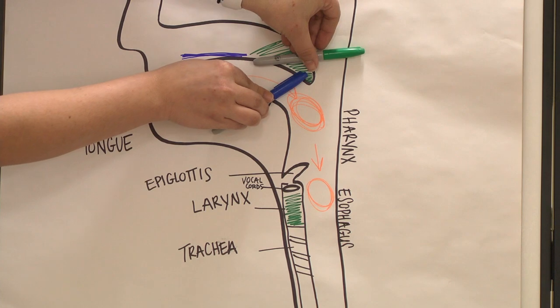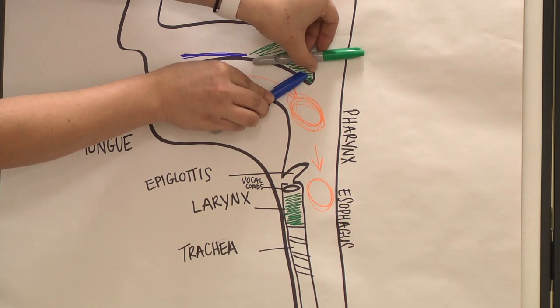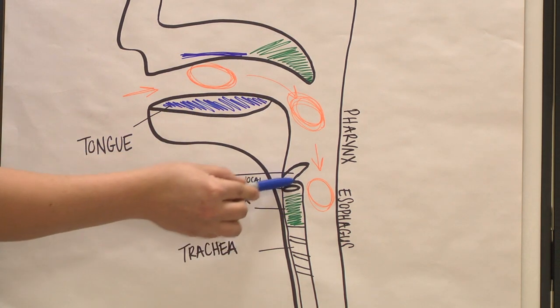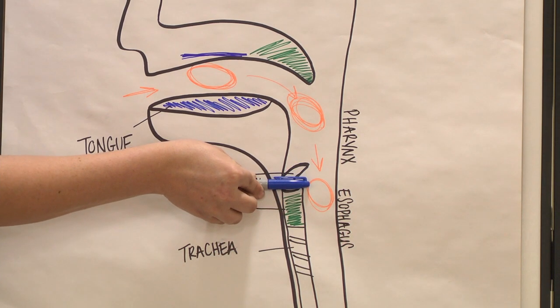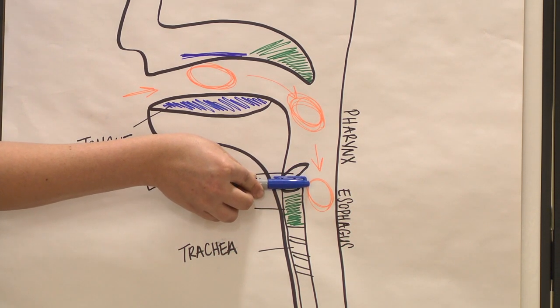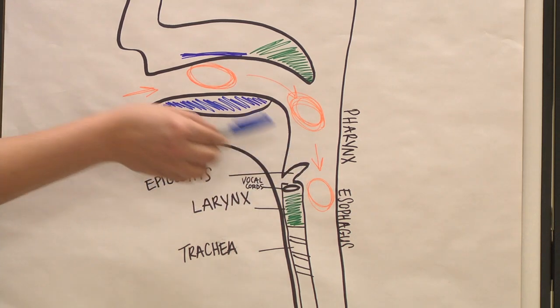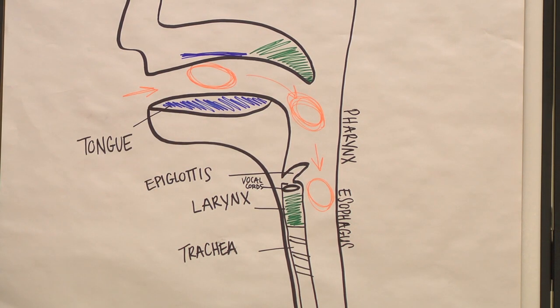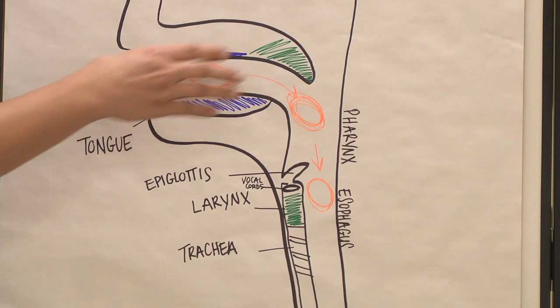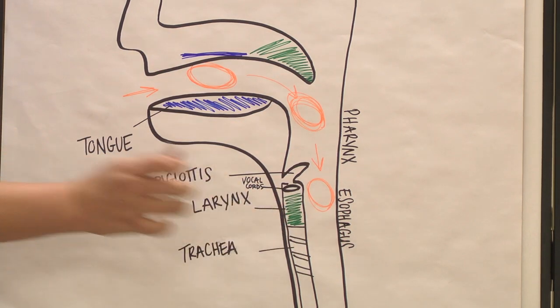At the same time, your larynx moves up, and the epiglottis moves down to protect the airway. It covers up the top of the airway. So the only way that's left for the food to go is down into the esophagus. To facilitate this, the walls of the pharynx will constrict to move the food down into the esophagus.